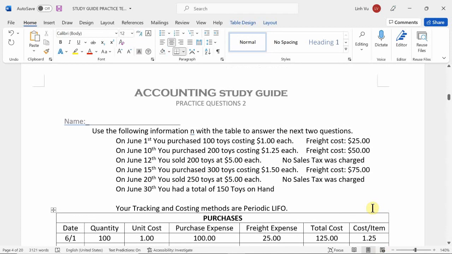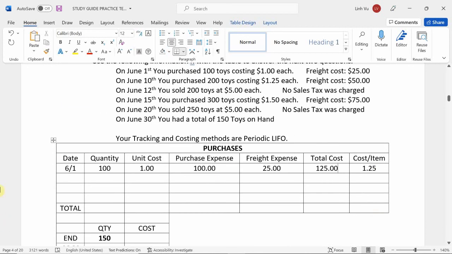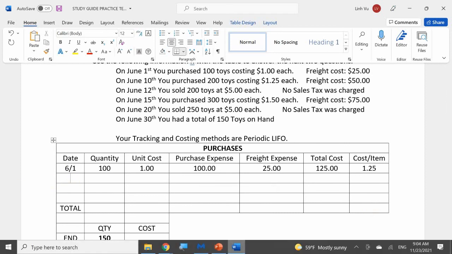Right here, June 10, you purchased 200 toys at $1.25 with the freight costing you 50. So you bought 200 toys at $1.25, which gives you 250, plus 50 makes it 300, which makes my cost per item $1.50.